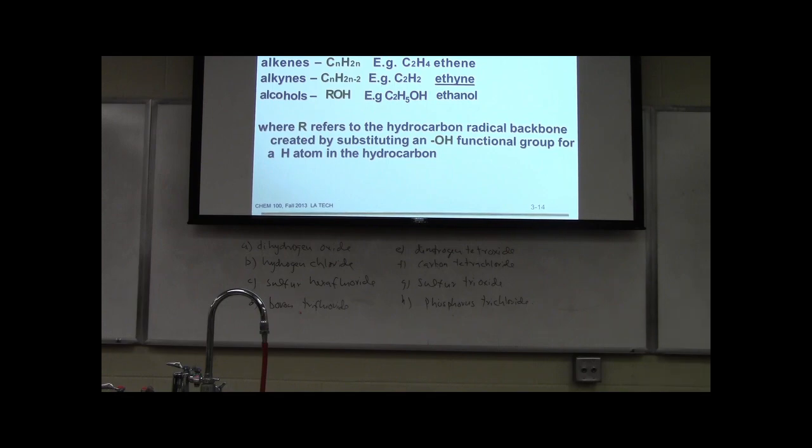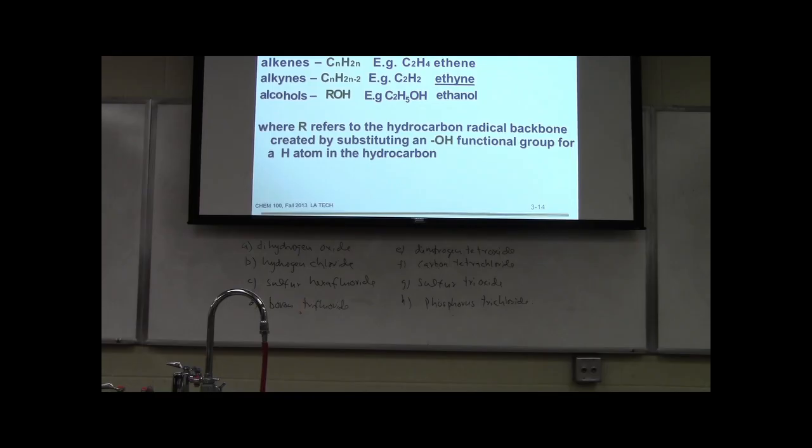This is called a straight chain. But you could have a 3 carbon atom here, and you start to branch. You get a branched alkane. Regardless of branch or straight, the formula is always the same for alkane.